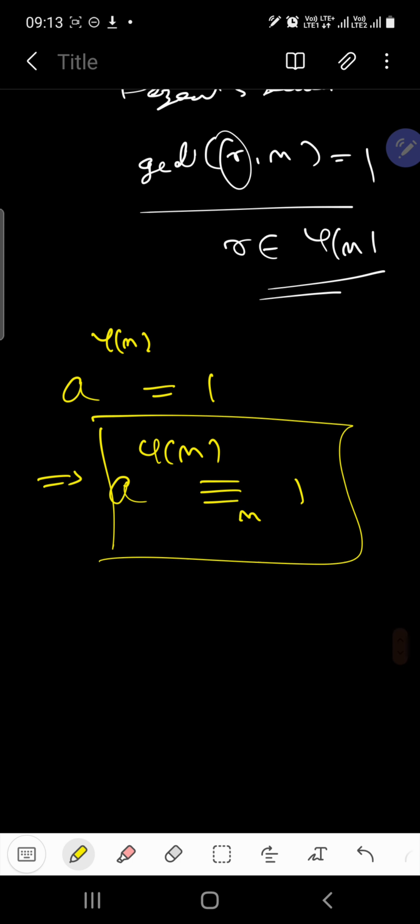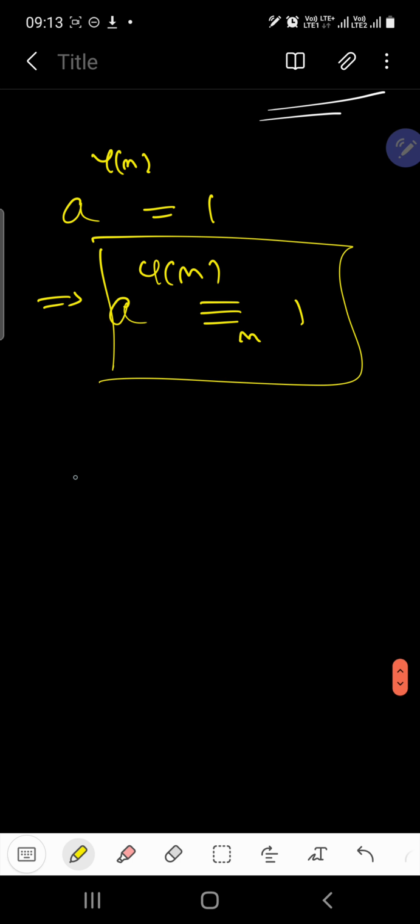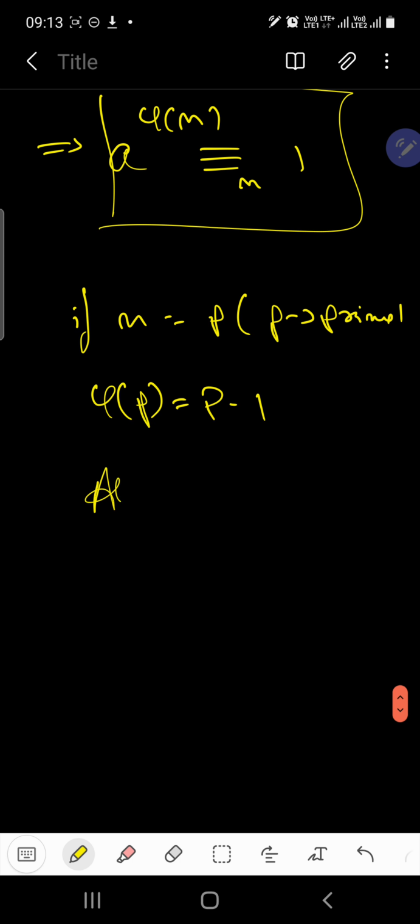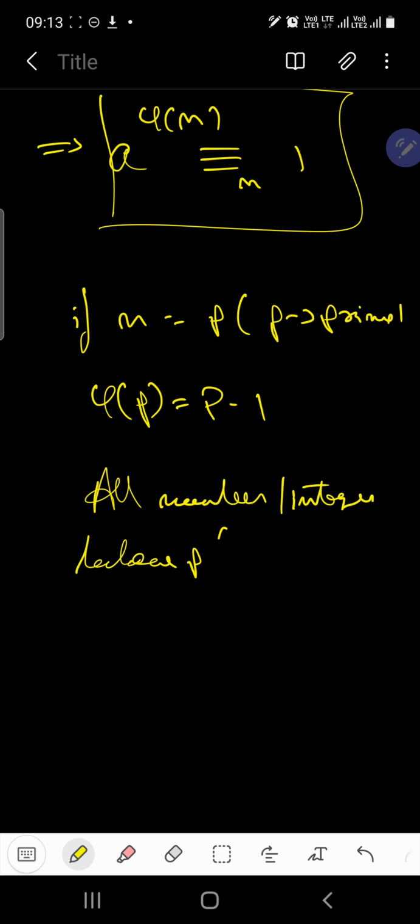Am I clear? Now what happens is that if n is equal to p, where p is some prime number, your phi p becomes p minus 1. The reason behind it is that all integers below p, that is 1, 2 up till p minus 1, are co-prime to p.